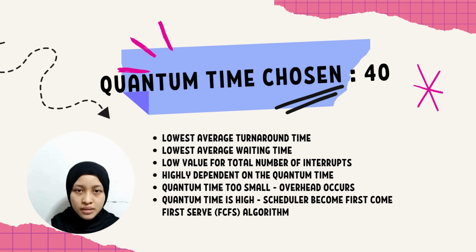However, the results might change when the program evaluates different job lists, resulting in a change of recommendation for the time quantum. In short, the program only evaluates the performance of the round-robin scheduling algorithm and provides data, but does not provide the best time quantum. That's all from us.